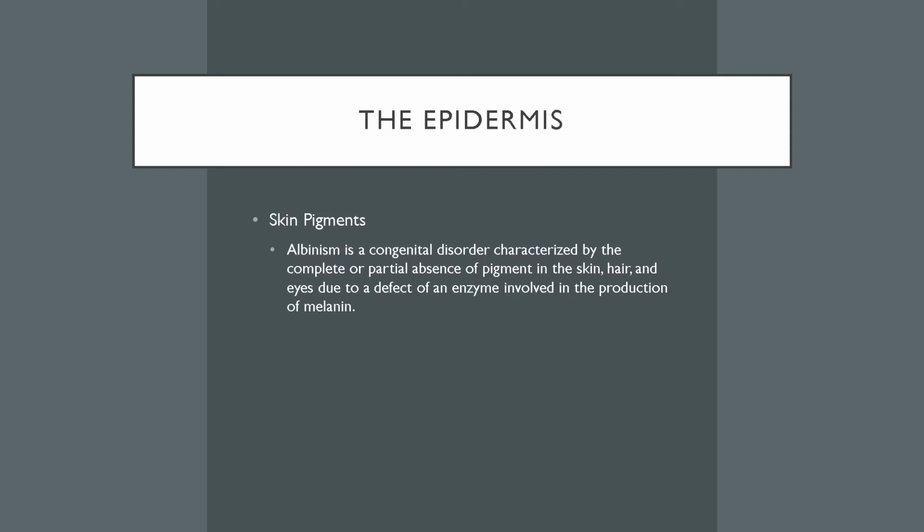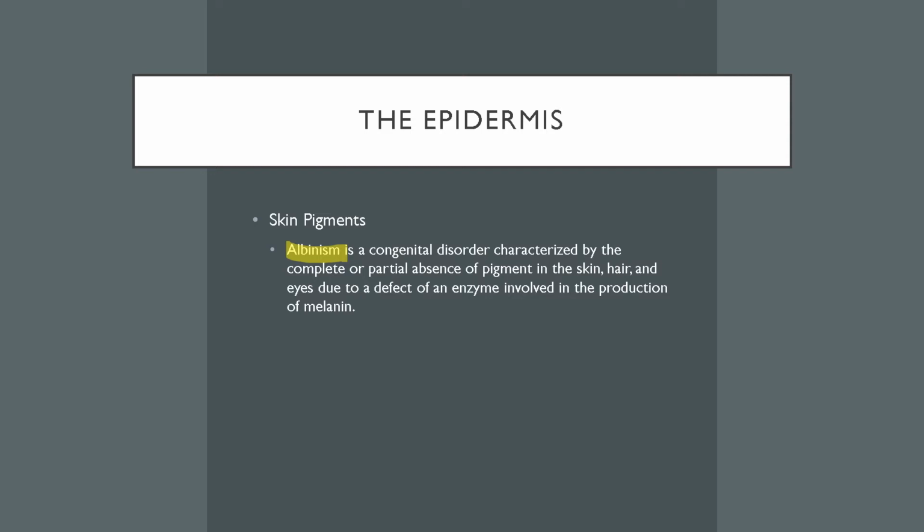Okay, so albinism is an inherited disorder of melanocytes where the individual has a complete inability to produce melanin. Most albinos have melanocytes, but these melanocytes are unable to synthesize tyrosinase, and so they're unable to produce melanin.